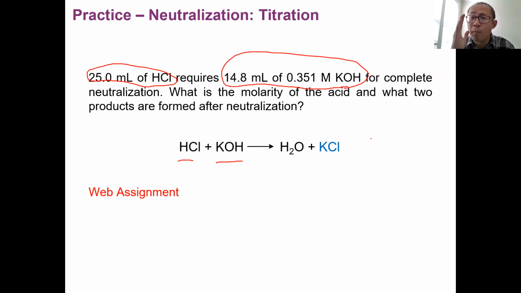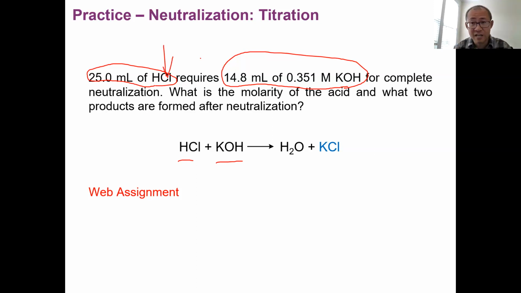So see that we know the molarity of the base, and we know the volume of each, how much we use to react. Then, if we know these data, we can calculate the concentration of this acid, which we don't know.